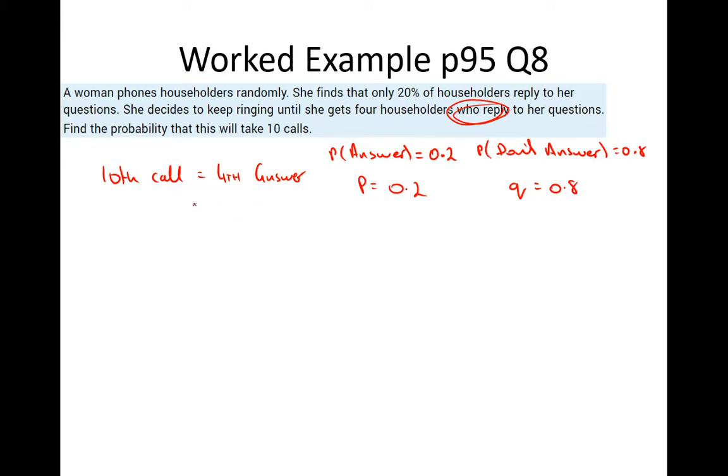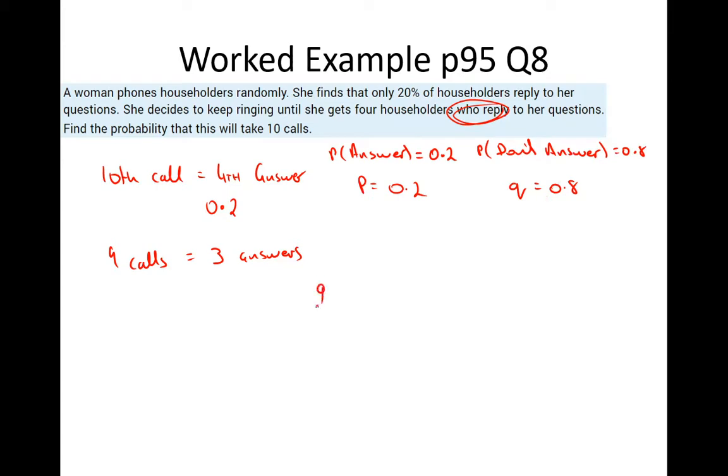And that means the probability of getting an answer on your 10th call is going to be 0.2. So let's keep that in mind. What does that mean? That in the other 9 calls, what do I want? I want 3 answers. So there we have it. Here's where you're going to use your Bernoulli trial, because 9 will be N, 3 will be R, P will be 0.2, and Q will be 0.8.